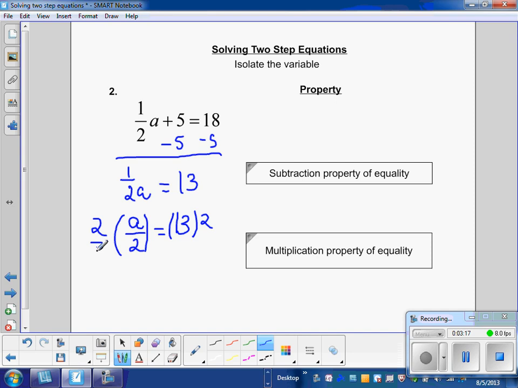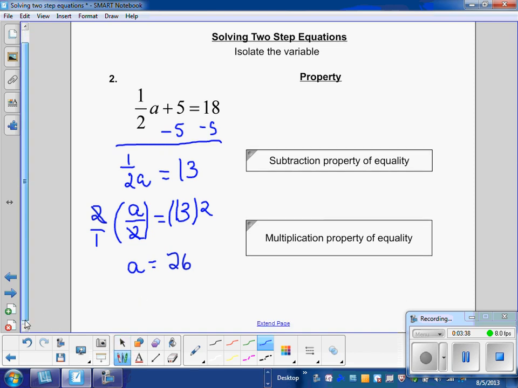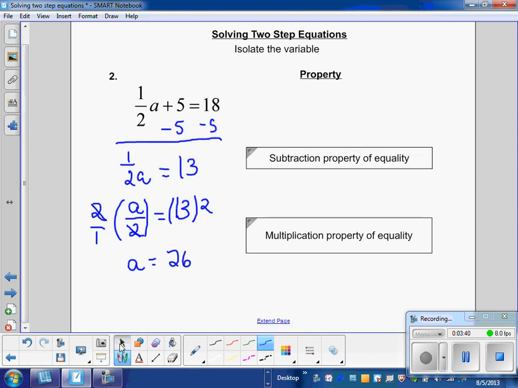And remember, 2 is the same as 2 over 1. We can eliminate those. So a equals 26. So we're always going to multiply by that denominator to get rid of it, to make the math easier. So we're going to go ahead and check our answer here.